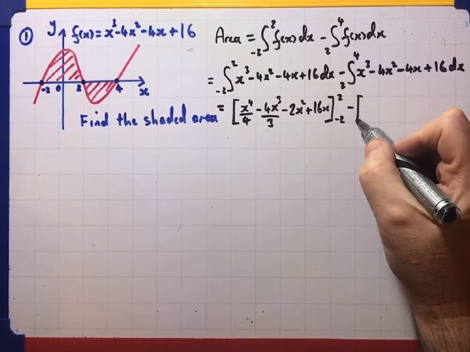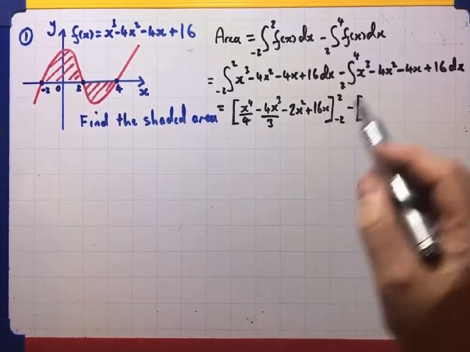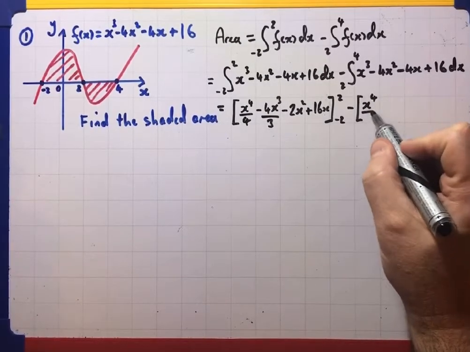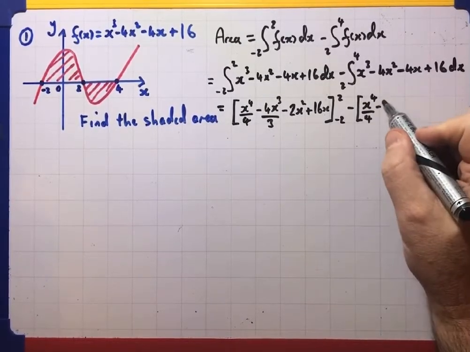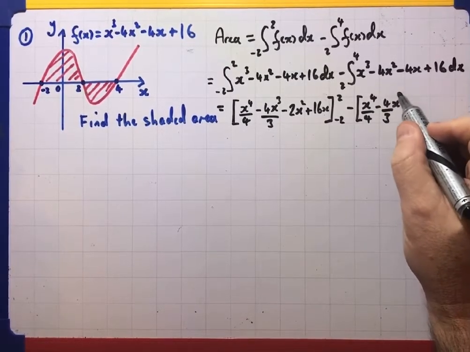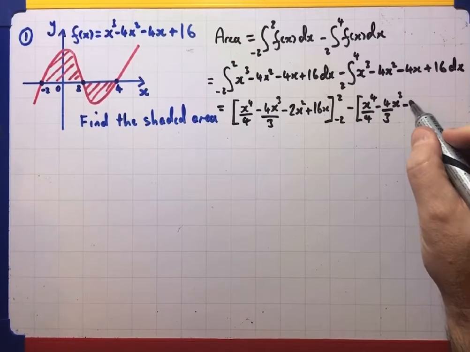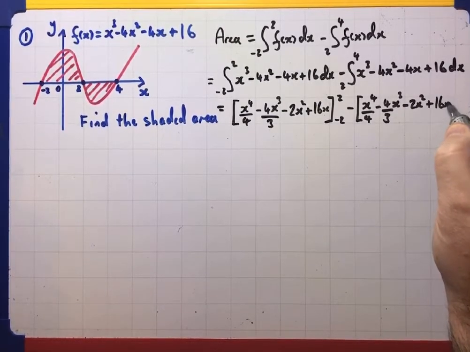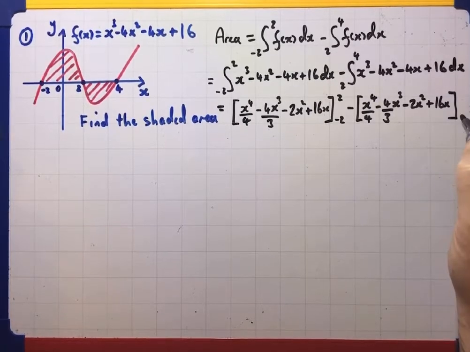The other one, it's minus, but it's going to be the same thing after we've integrated it. It's the same function after all. So minus the same expression, x to the 4 over 4 minus 4x cubed over 3 minus 2x squared plus 16x, and that one is between 2 and 4.